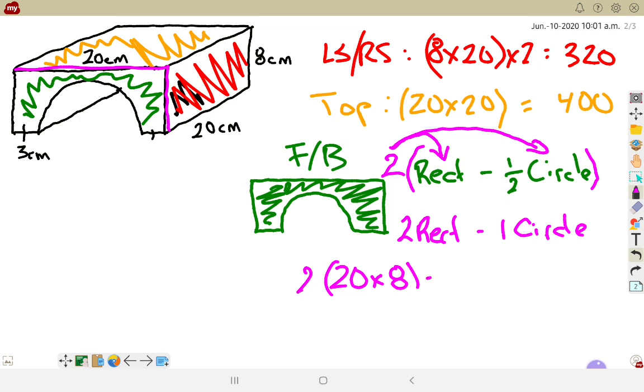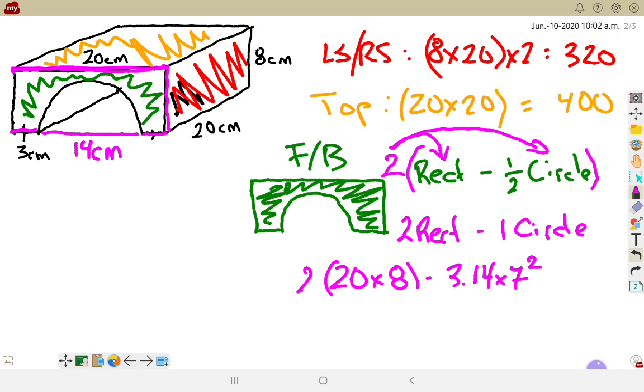And for my one circle, since here all the way across was 20, and on the bottom part I'm told this is equal and that's equal, that means that I have 6 centimeters being taken away, and since 6 centimeters are being taken away, that leaves me with 14 centimeters as the diameter of my circle. Okay, so what I'm going to be working with then is 3.14 for pi times 7 squared. Okay, the radius being 7 squared.